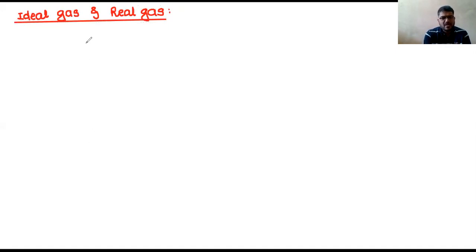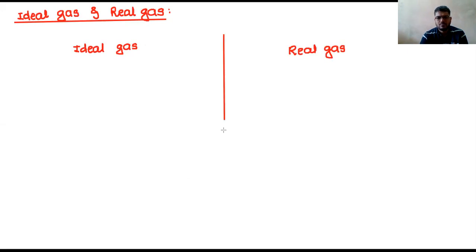First I am making columns here. The first column is for ideal gas, and here it is real gas. You can also make a table like this with me.